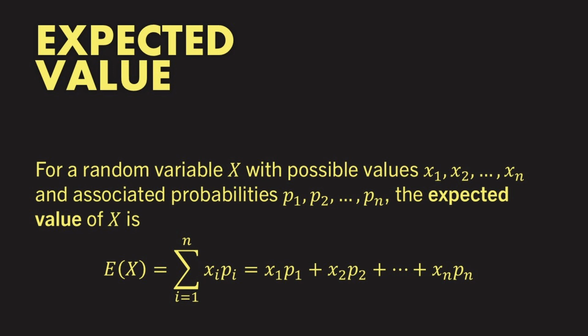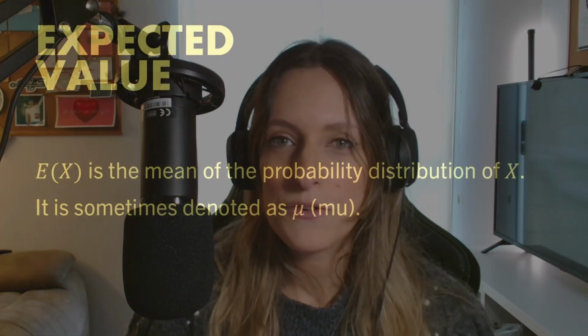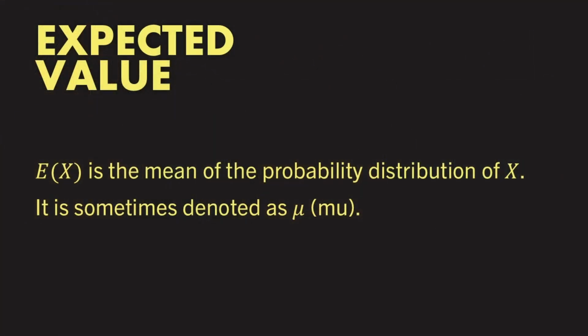So we're going to multiply the values of the variable times their associated probabilities, and then we're going to add them up. Basically what we're doing is we're calculating the mean for this variable. E of x, the expected value, is the mean of the probability distribution of x. It is sometimes denoted with the Greek letter mu as well as E of x.